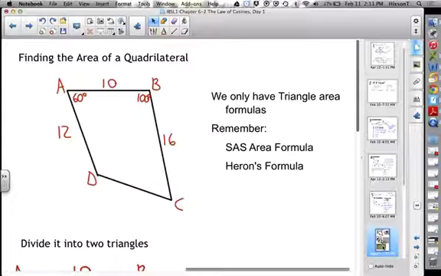You don't need to break it into more than 2 triangles. Some other people were breaking into like 3 different triangles. You don't need to do that. But you will need to solve some of those triangles, or at least some of the parts of those triangles, to be able to get enough information to find your areas.